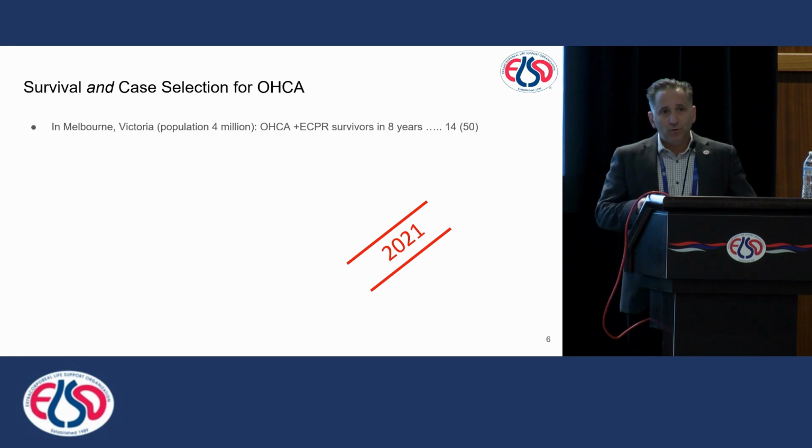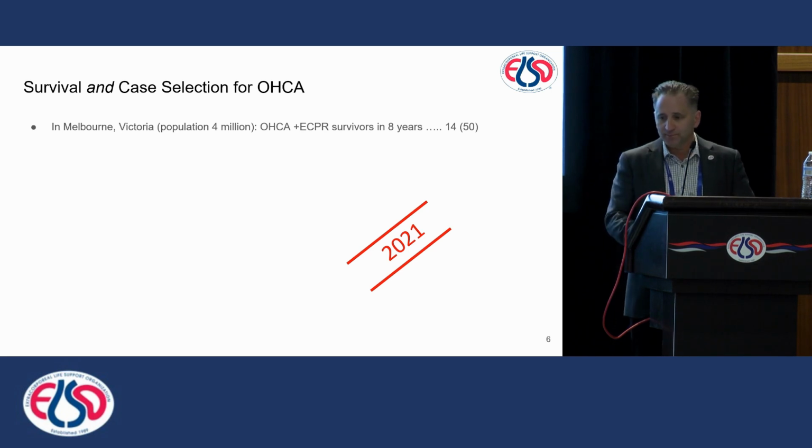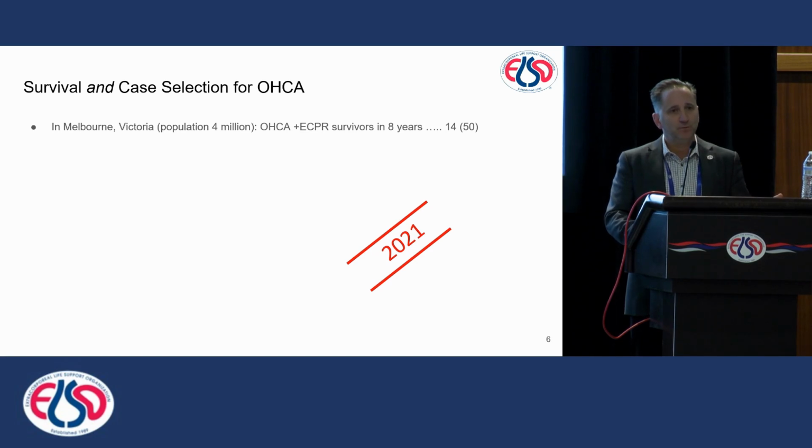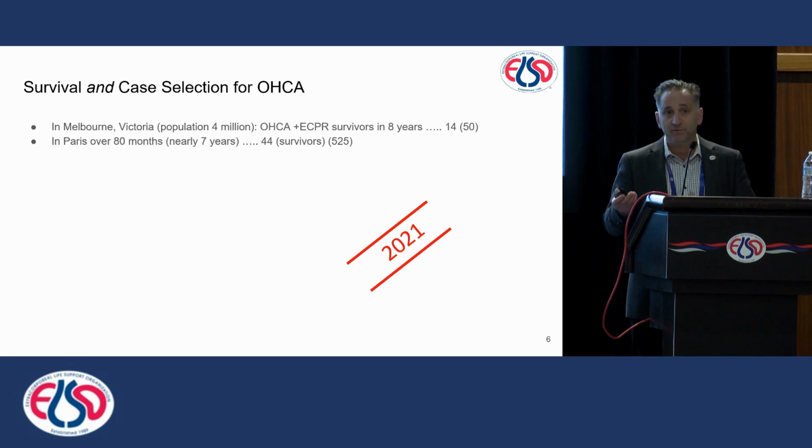What I'd like to talk a bit about is the impact of when we do that. Over 8 years of rolling out that program, there were 14 people who left hospital well after a sustained cardiac arrest. 8 years is about as long as Jan took to do his trial. It's a long time, so you don't produce a lot of survivors in that time, from about 50 cases.